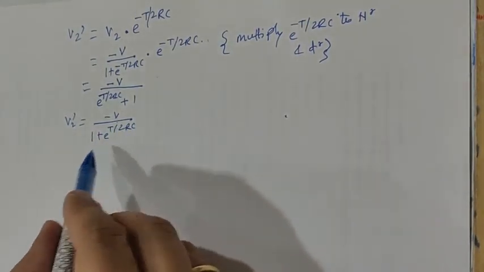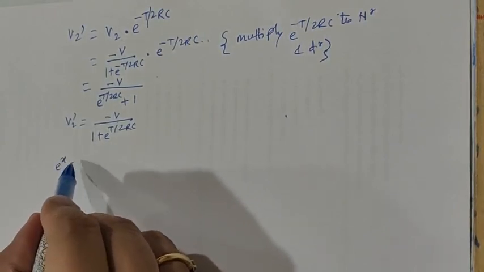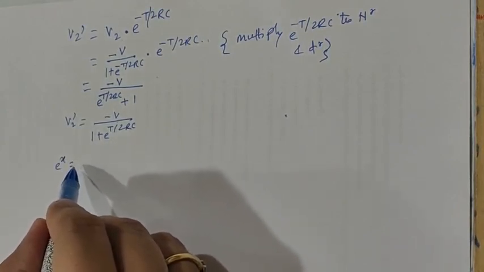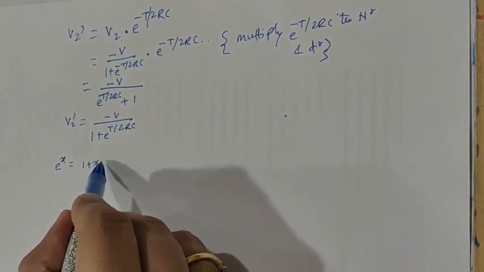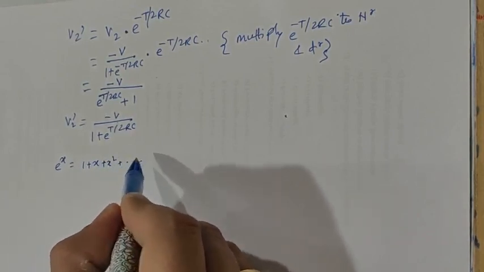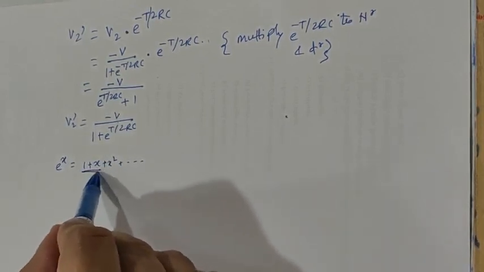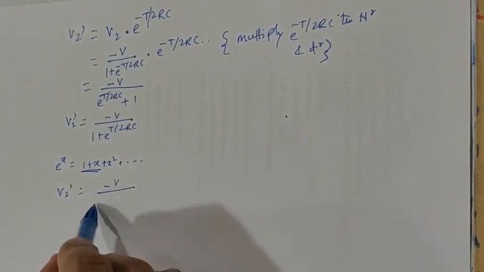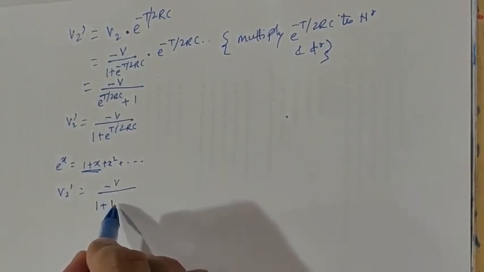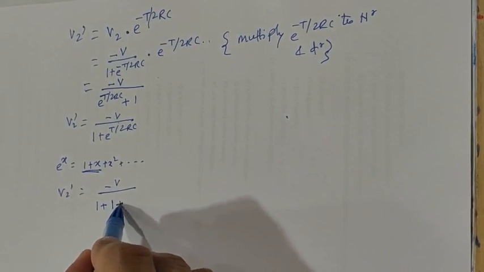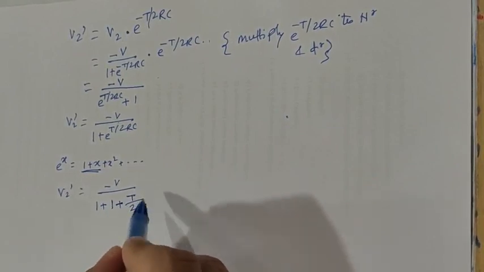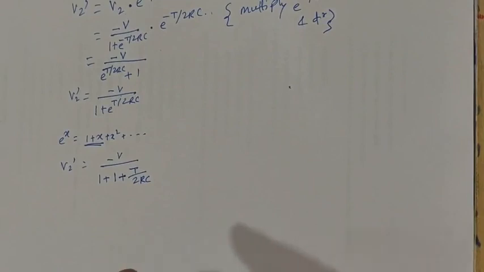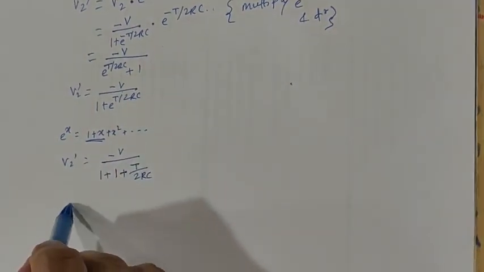Again expanding the term, because it is e to the power x, e to the power x can be written as 1 plus x plus x square and so on. So neglecting the higher terms, I can write it as 1 plus x. So V2 dash is going to be minus V upon 1 plus 1 plus t by twice RC, the similar thing that we have done previously.